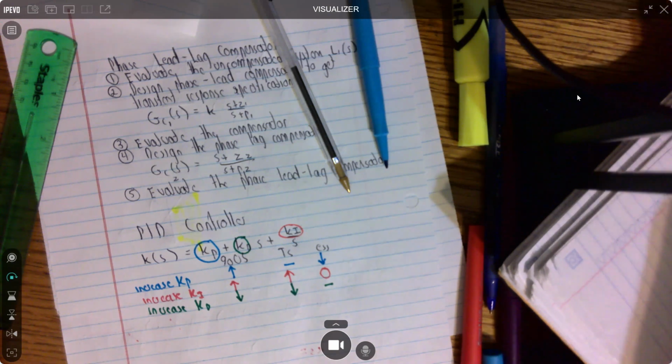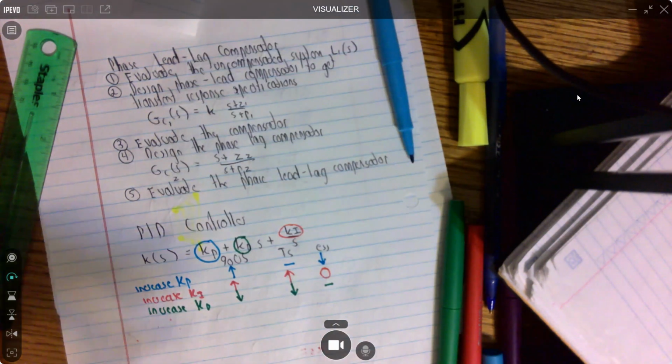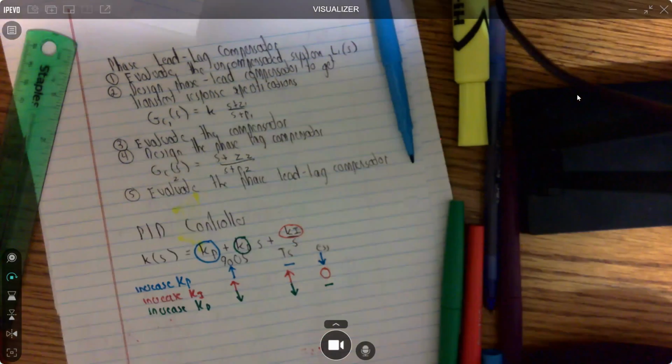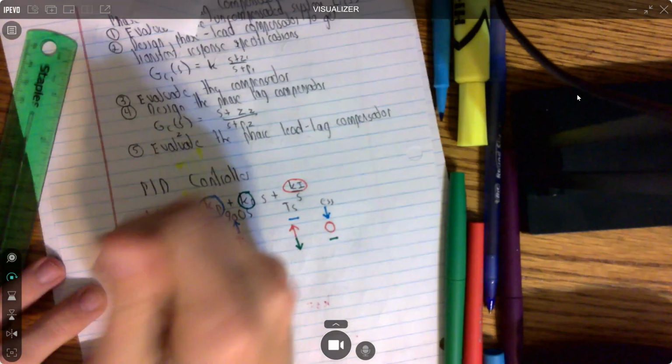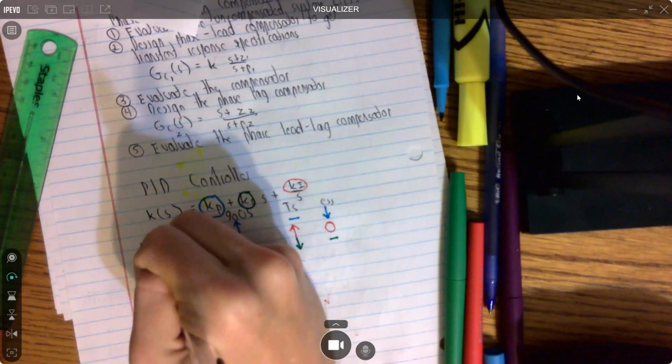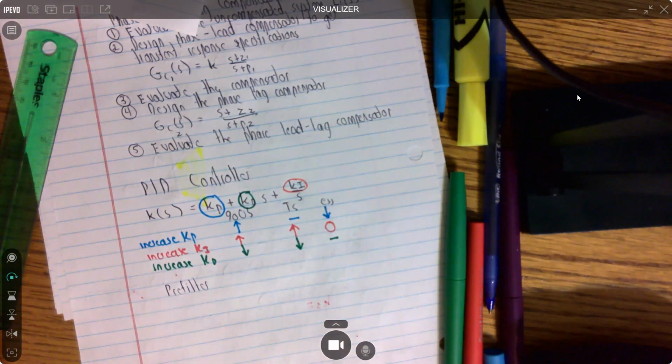So let's look at the pre-filter systems and let's look at the deadbeat response because those were the only 2 that were covered in depth. And so now we're going to get the pre-filter. How this one works is that the pre-filter comes beforehand.